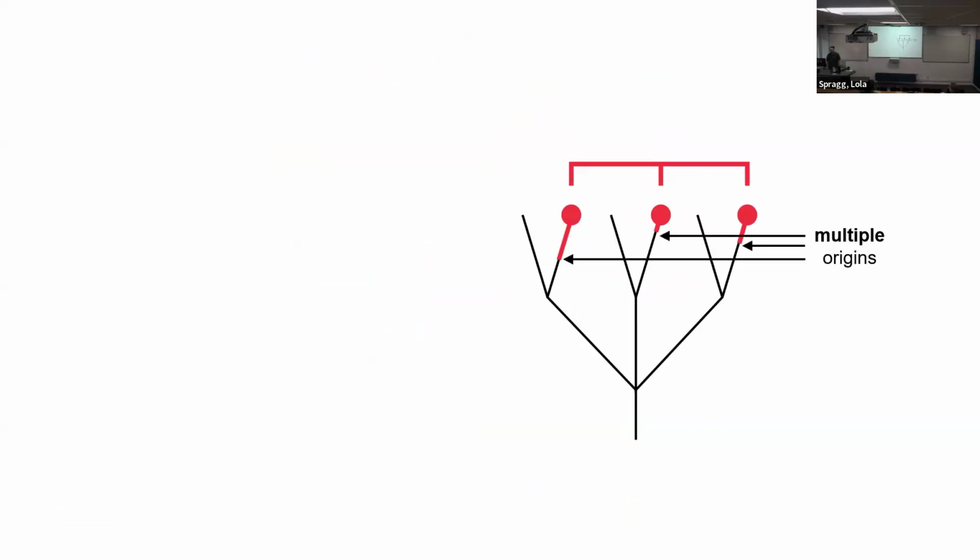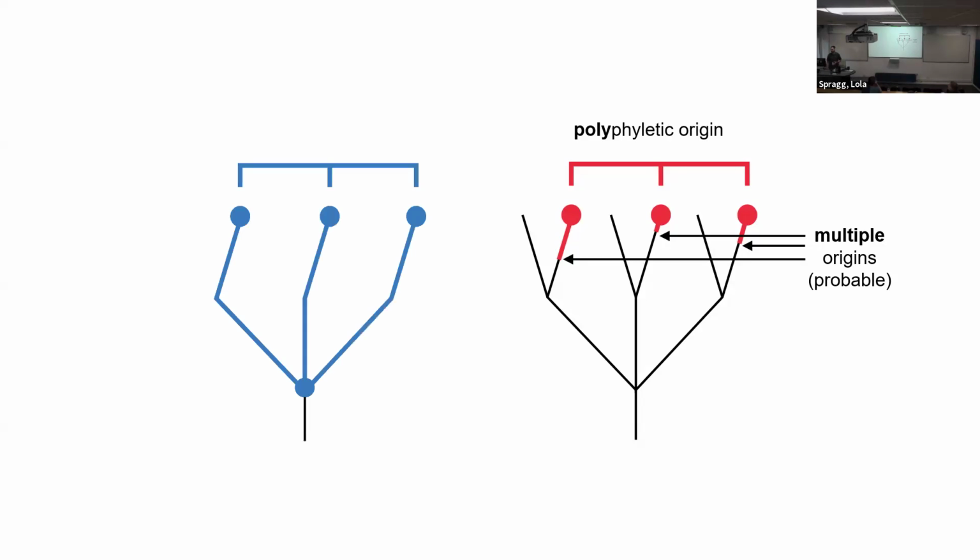So essentially, in phylogenetics, if a given innovation is distributed, like this could be flight, for example, if you find it in disparate lineages, like pterosaurs, insects, birds, the trait flight is said to have a polyphyletic origin, and there are multiple independent origins. In contrast, if something is constrained to a single clade or lineage, a clade being just the last common ancestor of a group and all of its descendants, then it's said to have a monophyletic origin.